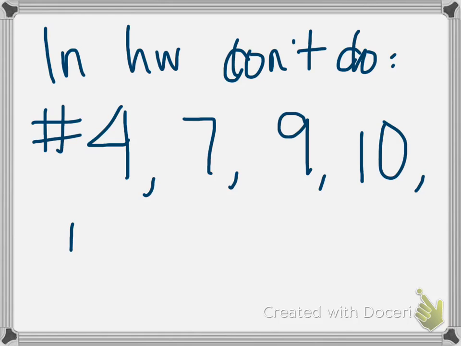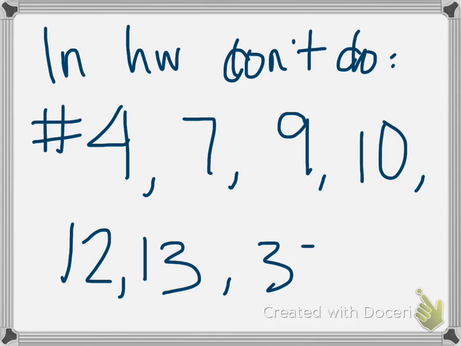And then if you flip over, I'm not going to have you do number 7, 9, 12, 13, and then in the very back, number 37. Numbers 9 and 10 you'll definitely get to.